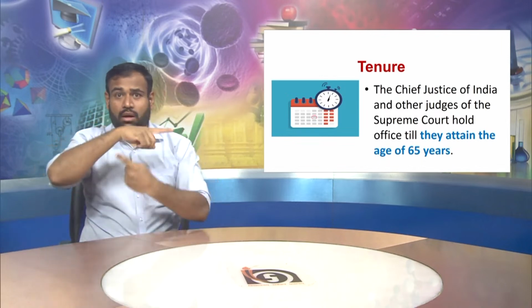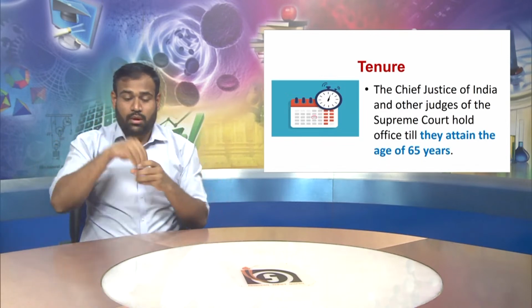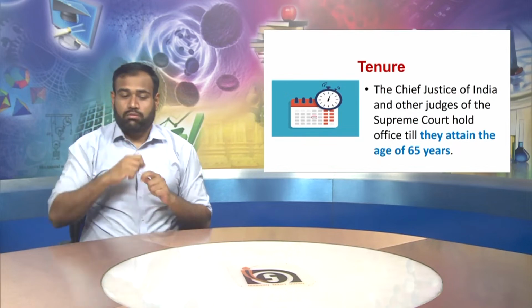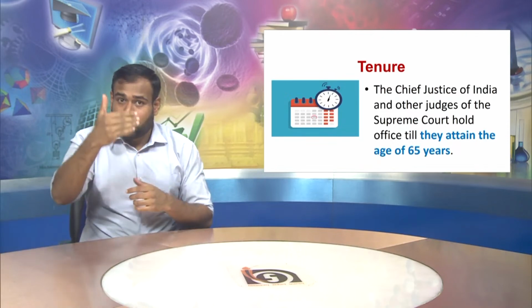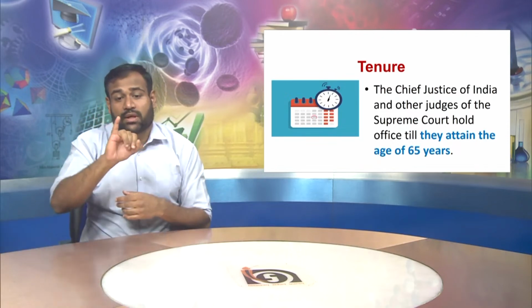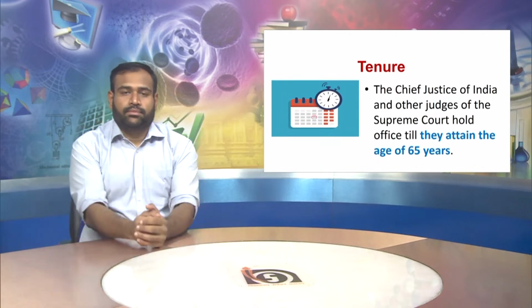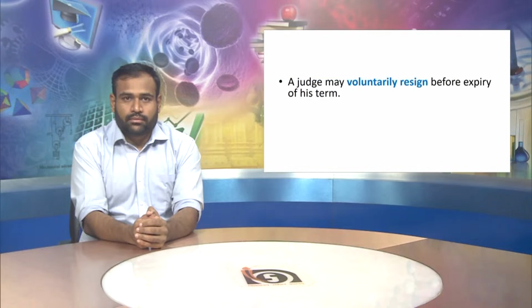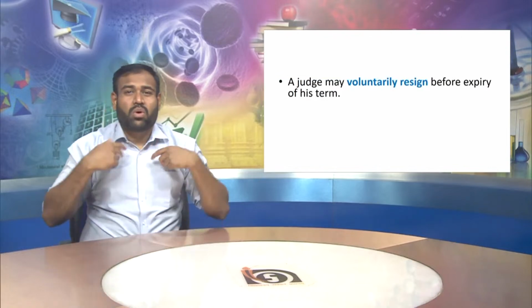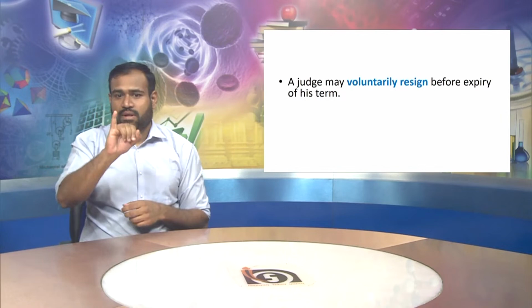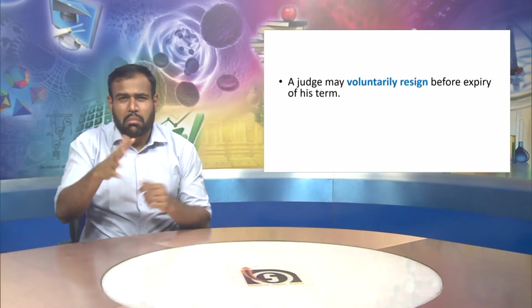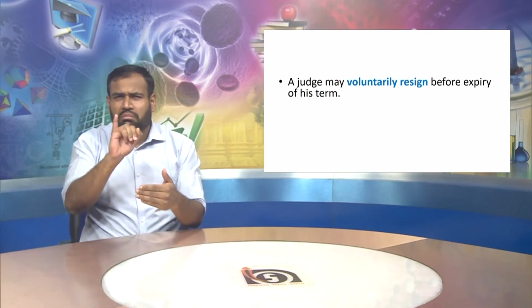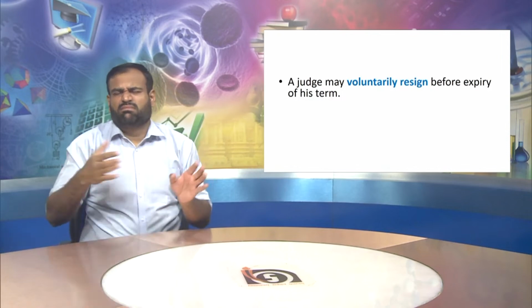The Chief Justice of India and other judges of the Supreme Court hold office till they attain the age of 65 years. And a judge may voluntarily resign before expiry of his term.